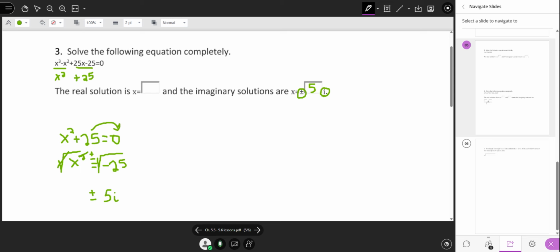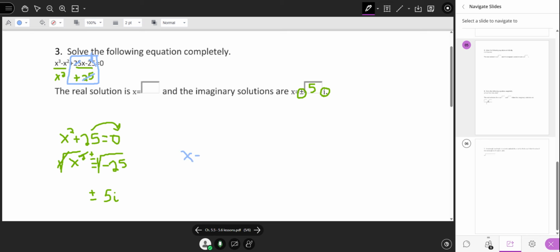You have the plus and minus, you have the i. Now, the last thing you have to do for this problem, divide. 25, choppa, choppa, choppa. And remember, that's a 1. 25 divided by 25 is 1.